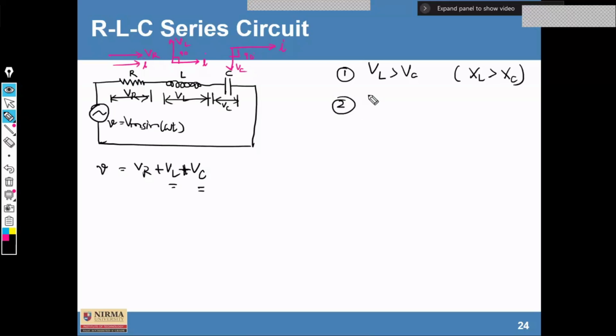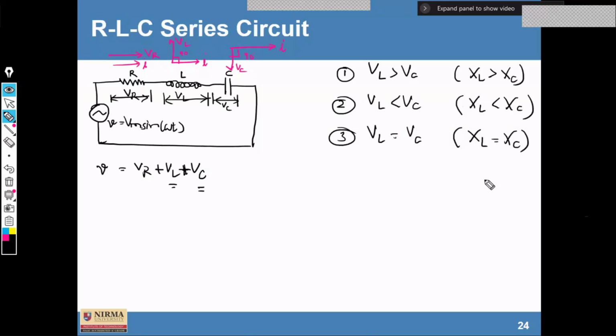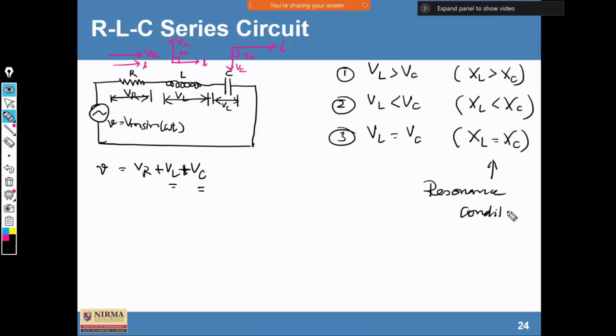The second condition is VL less than VC, or XL less than XC. And the third case is when the voltages VL and VC are equal, that is XL is equal to XC. This condition is known as the resonant condition.